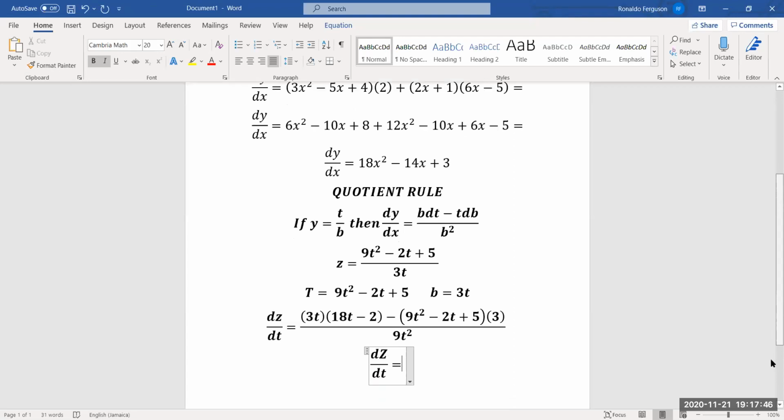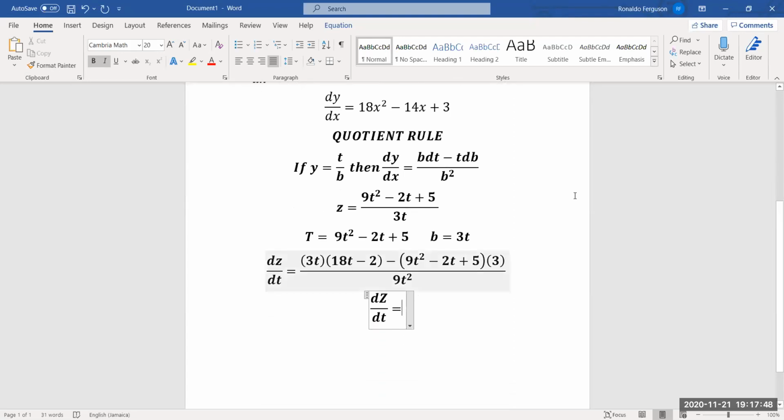All right, now what we're gonna do is simplify the numerator and simplify the denominator. You might say, sir, isn't quotient rule longer? It looks longer, but what about cases when you'd get something like 9t squared minus 2t plus 5 all raised to the 13th power divided by 1 minus 7t?